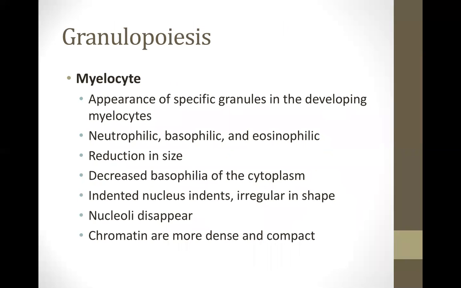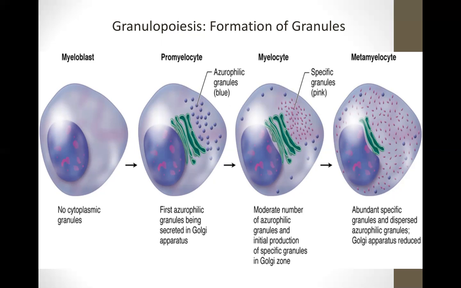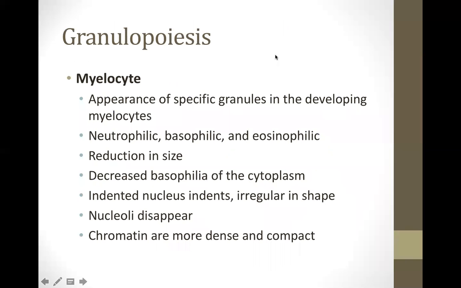If your promyelocyte is the appearance of your azurophilic granules, your myelocyte now will have the appearance of specific granules in the developing myelocyte. So, kapag myelocyte na, specific granules na siya. Ibig sabihin, depende na lang kung magiging neutrophil siya, basophil, or eosinophil.